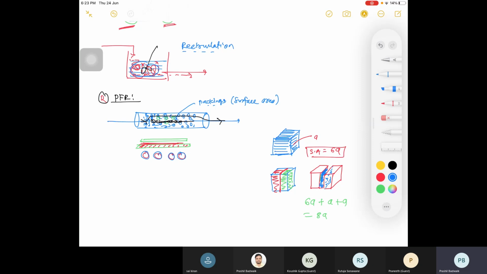So this bypassing in PFR is called as your channeling. Okay, this is similar to bypassing, but it's called as channeling or short circuiting. Right? This is your first non-ideality in PFR.